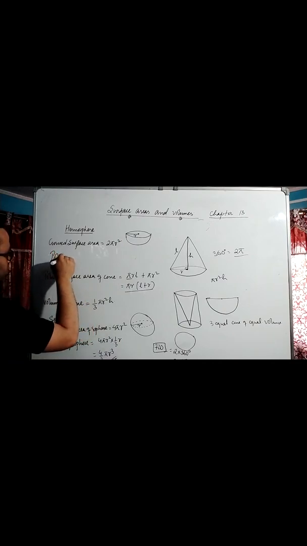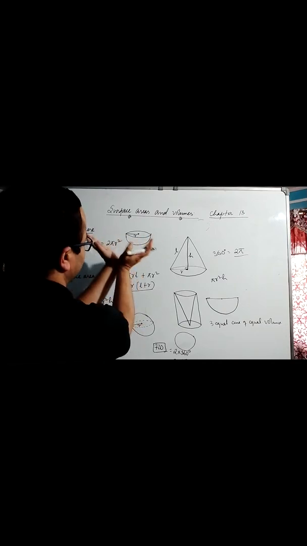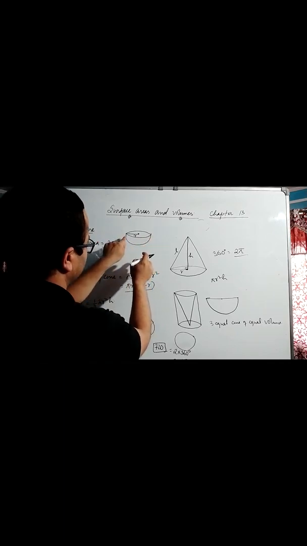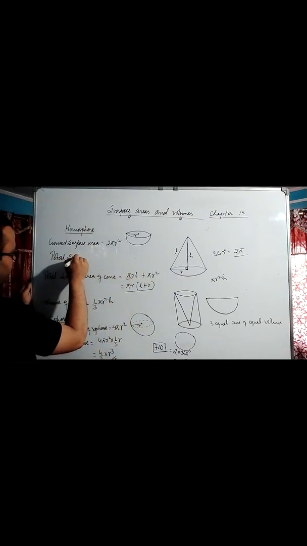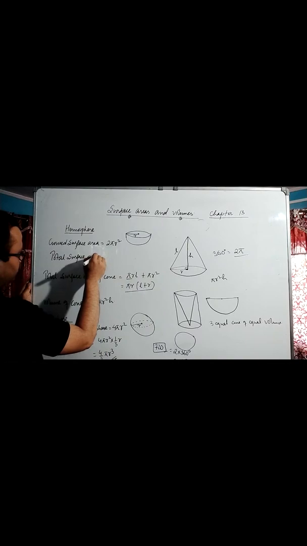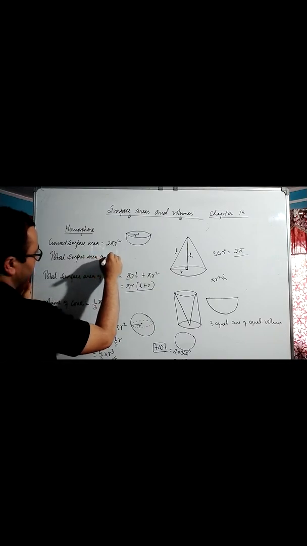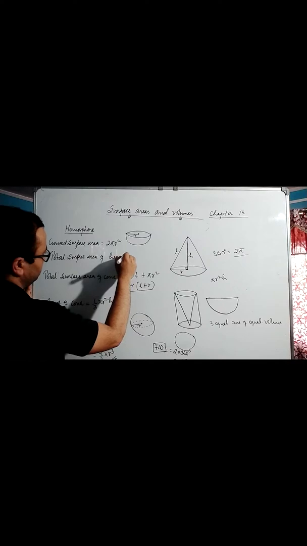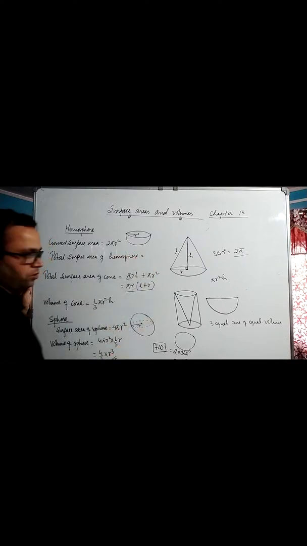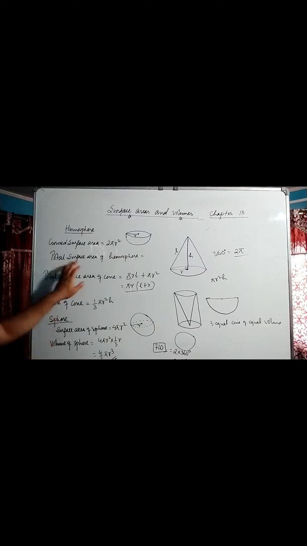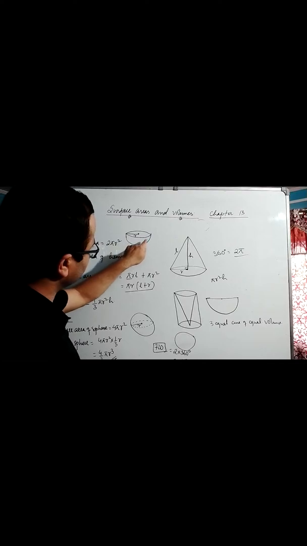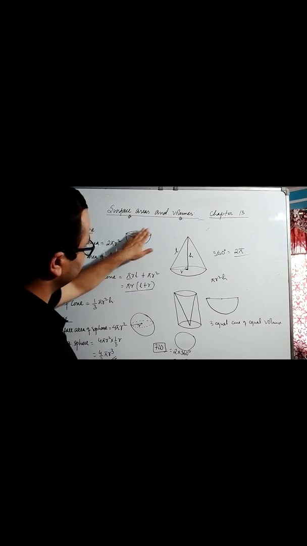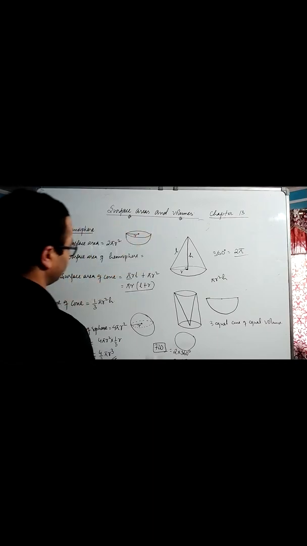The curved surface area 2 pi r square means this part only, the curved part. Now the total surface area of the hemisphere equals the curved surface area of the hemisphere plus the area of this flat, circular part.